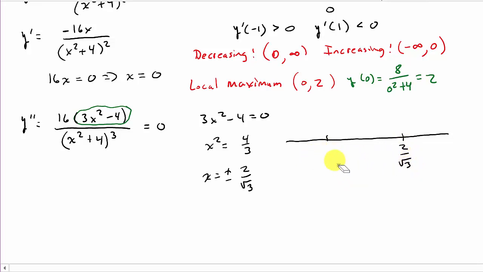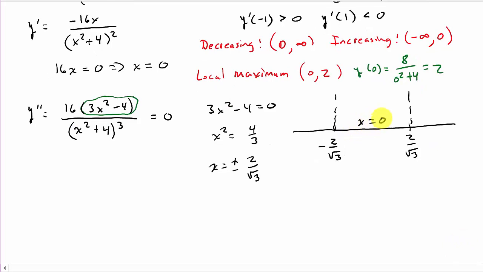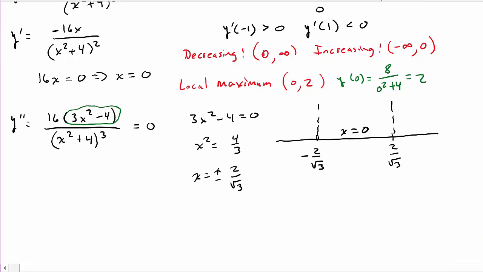Let me rewrite that one. And this breaks it up into 3 regions. And so what we have to do is pick a number from each region. Well, this one's easy. We'll just use x equals 0 here. Now, for the next one, let's just punch in 2 divided by square root of 3 in our calculator.